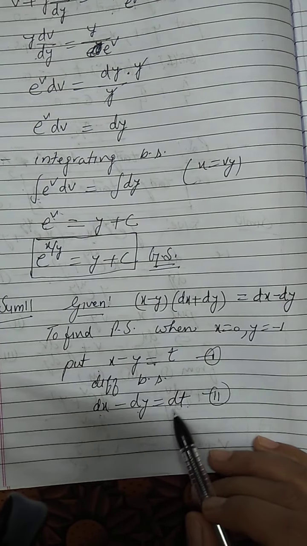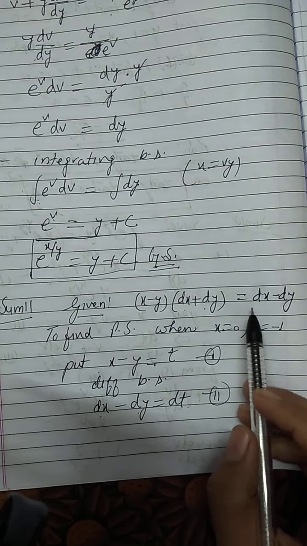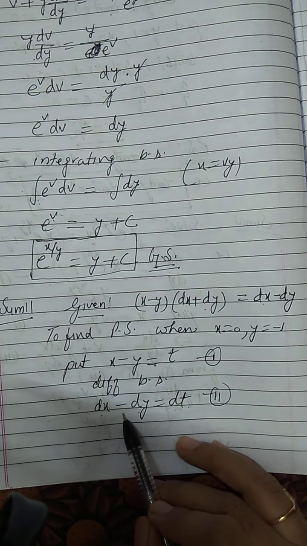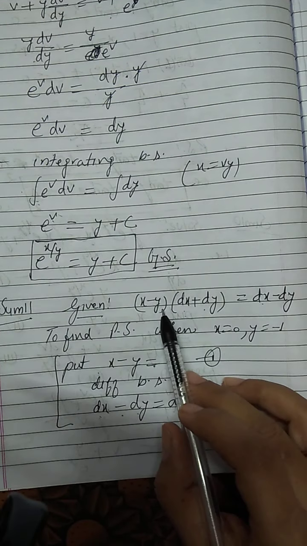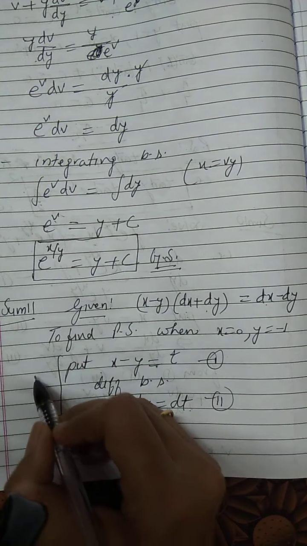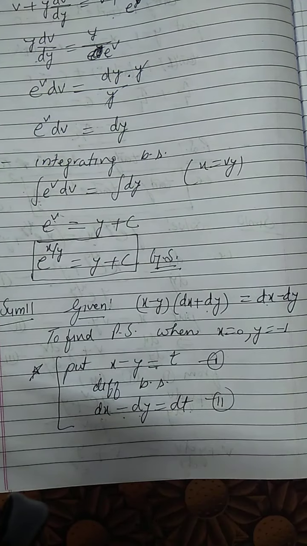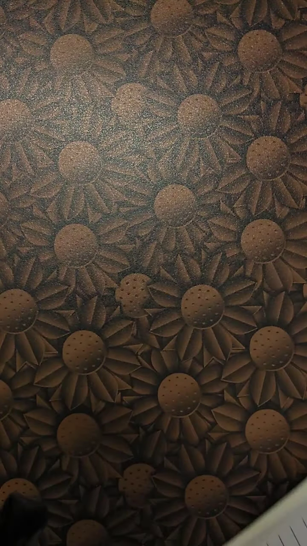When we substitute, I can see we have dx plus dy also, but we have the substitution only for dx minus dy. So before going for this substitution, I think it is better if we simplify our given differential equation first. We will keep the substitution aside because we will use it later. I am taking my equation back.